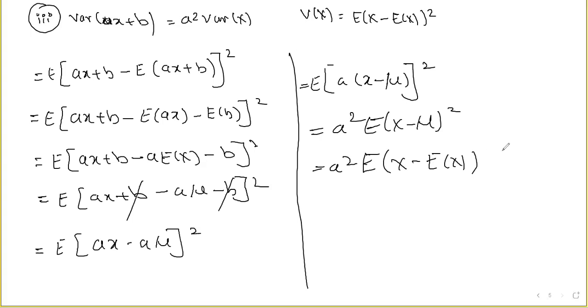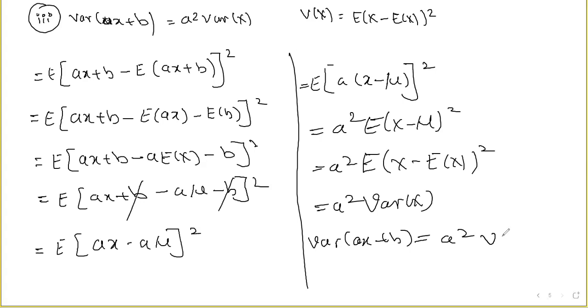I will take mu as expected value of x. So this is nothing but a square into this term, which is nothing but variance of x. So what we proved? We proved that variance of ax plus b is also equal to a square into variance of x, right?